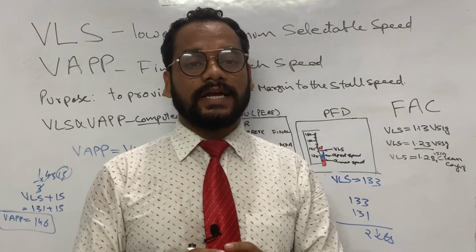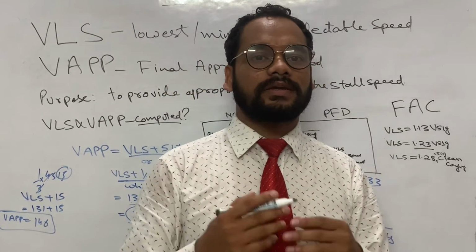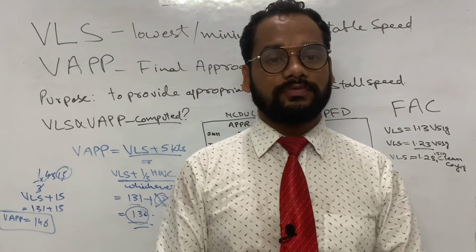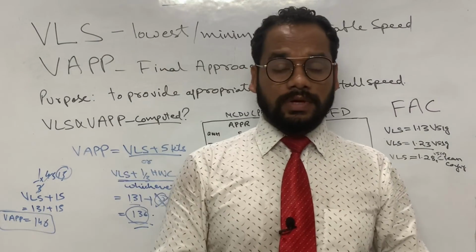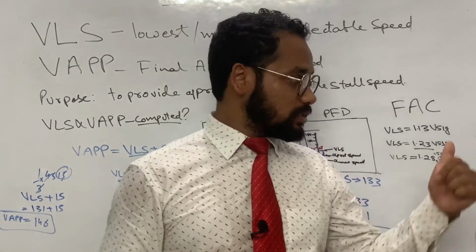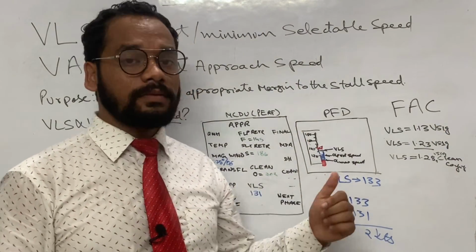That indicates that you have lost the VLS along with other characteristic speeds like your F, S, and green dot speeds. Hence, whenever you put off or lose both the FACs, you lose the VLS and other characteristic speeds from the PFD.